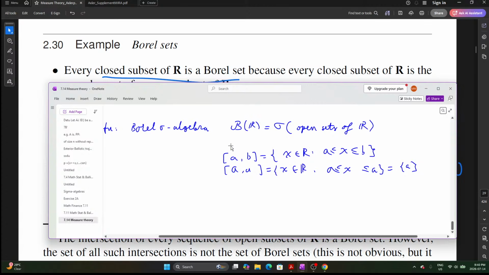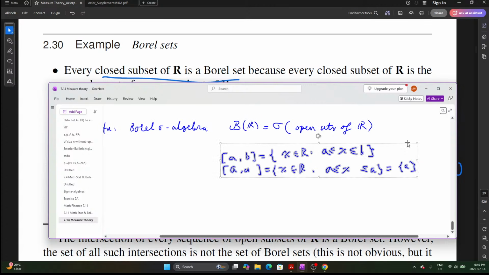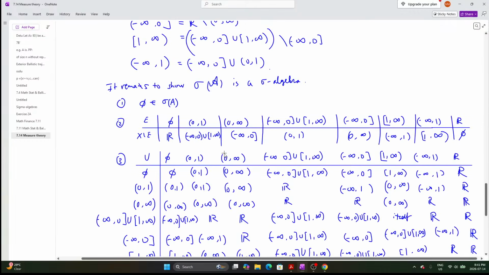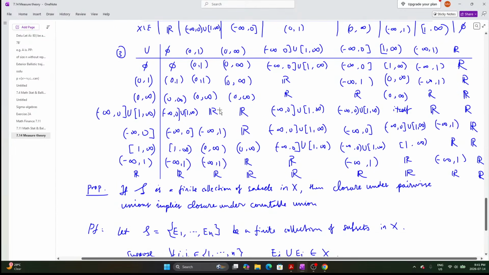Okay, and let's look at some examples. So I just want to, perhaps getting a little bit ahead of ourselves, note that checking a collection of subsets is a sigma algebra is not always easy. We have the definition of sigma algebra, but even for this finite situation, we need to do some work.